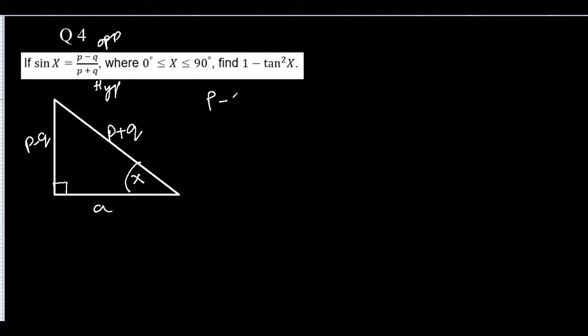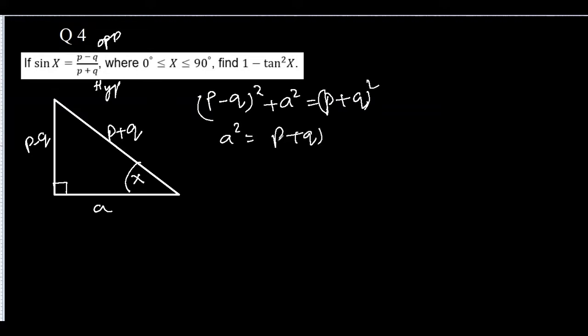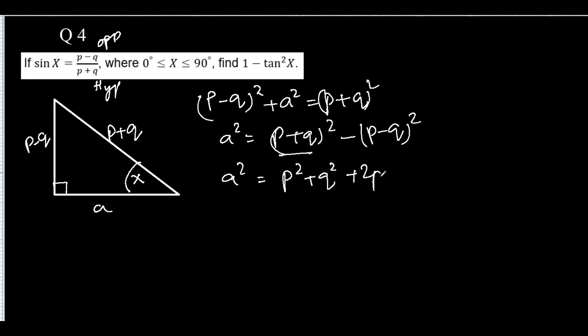So (P minus Q) square plus A square equal to (P plus Q) square. So A square equal to (P plus Q) square minus (P minus Q) square, which, if we expand this, becomes P square plus Q square plus 2PQ minus P square plus Q square minus 2PQ.